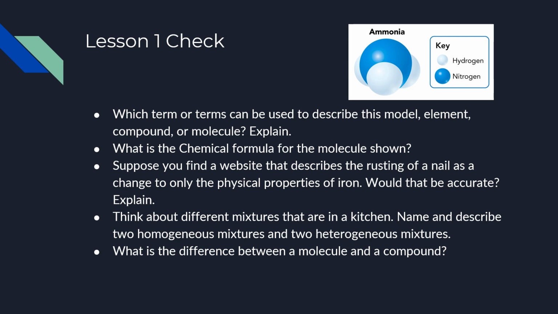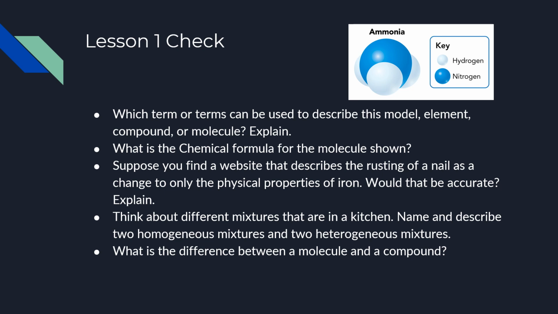Think about different mixtures that there are in the kitchen. Name and describe 2 homogeneous mixtures and 2 heterogeneous mixtures. So some examples of homogeneous: we have honey, it's uniform, golden, translucent, and soup broth, which is cloudy, yellow-brown.